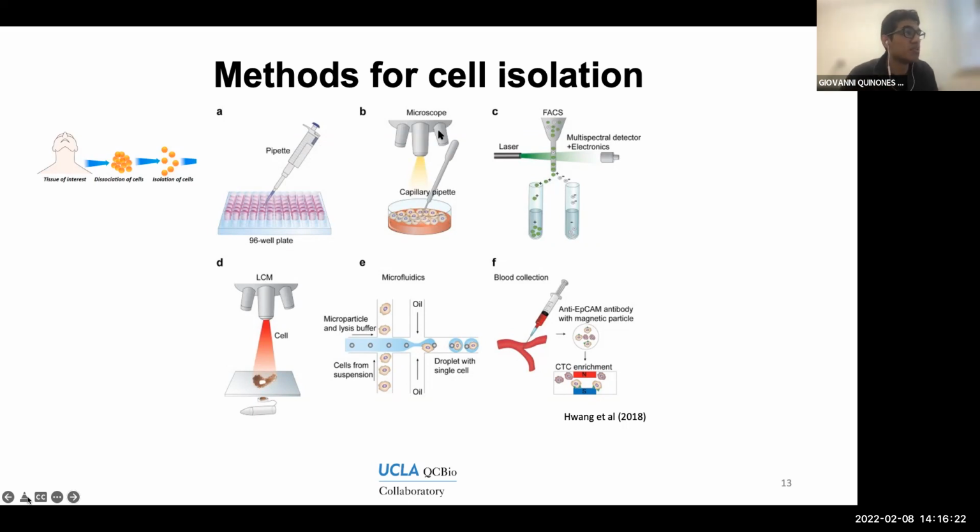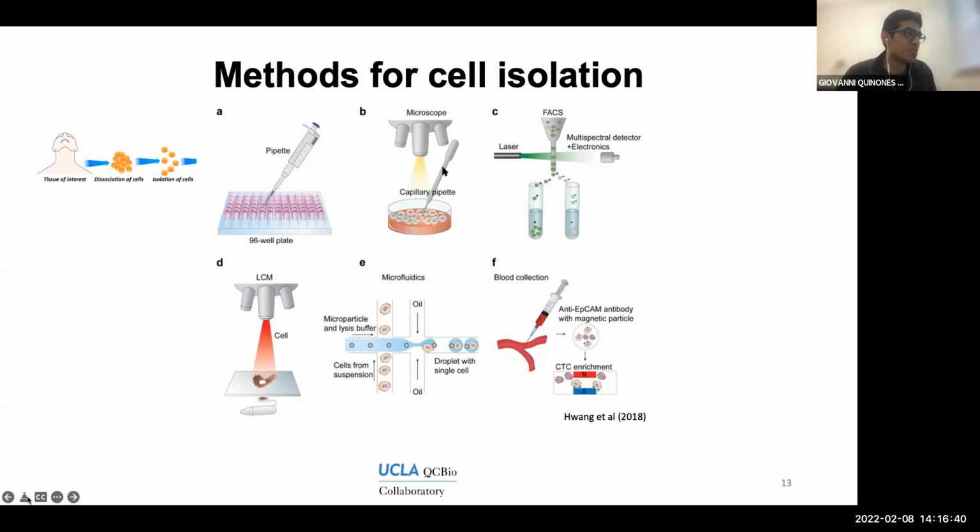The second approach is probably what you would imagine if you didn't have any previous background on how to isolate cells, which is literally picking them up by using a microscope and a capillary pipette.